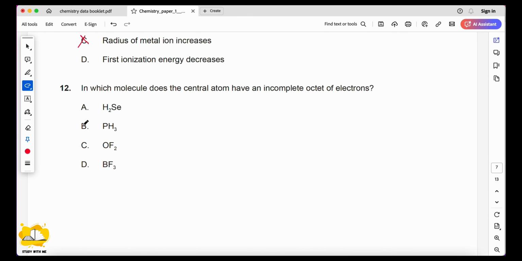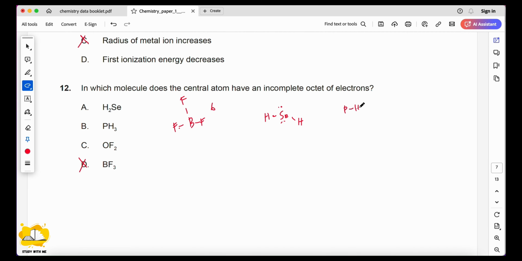In which molecule does the central atom have an incomplete octet of electrons? It's BF3, because it's only 1, 2, 3, 4, 5, 6. So it's only 6. And for H2Se, it will be 1, 2, 3, 4, 5, 6, 7, 8.